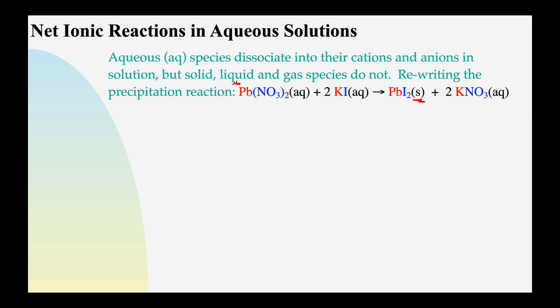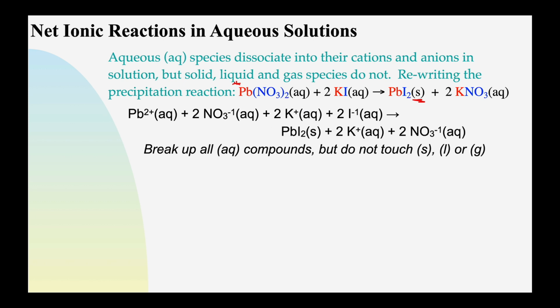So if you rewrite the precipitation reaction with the ions broken up, this is what you end up with. The Pb(NO3)2 ends up being Pb2+ aqueous plus 2NO3- aqueous. The 2 KI's end up being 2K+ aqueous and 2I- aqueous.